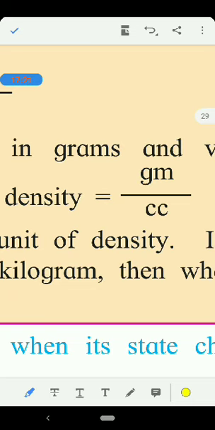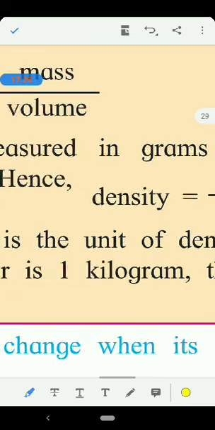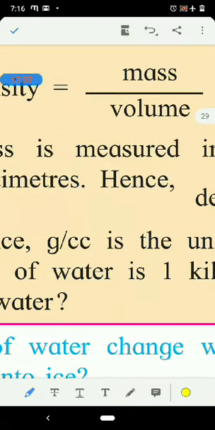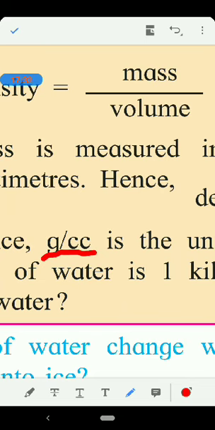Now because of this, what will be the unit of density? The unit of density will be gram per cubic centimeter, g per cc. You can even write gm per cc for this. Now here they have given us one question.